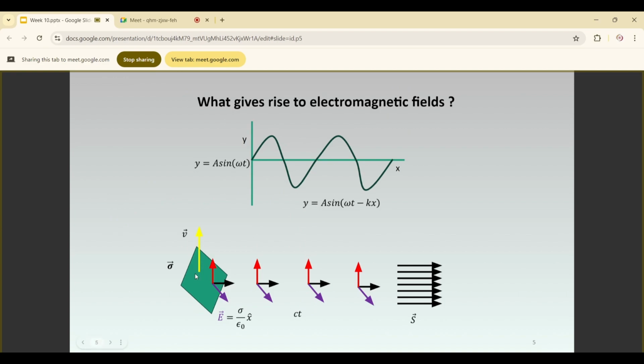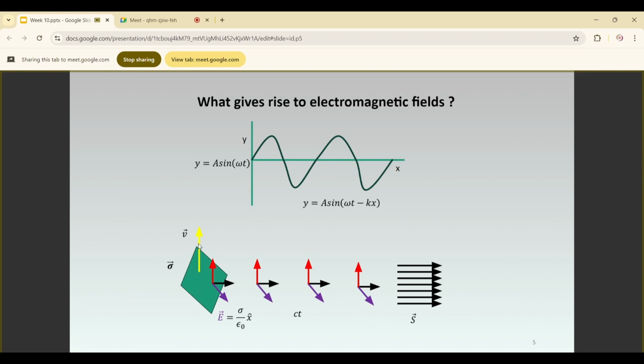I was saying that here you are oscillating this charged sheet of any metal in this direction.